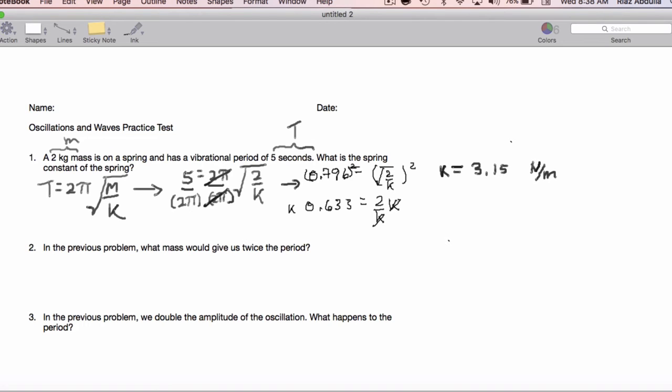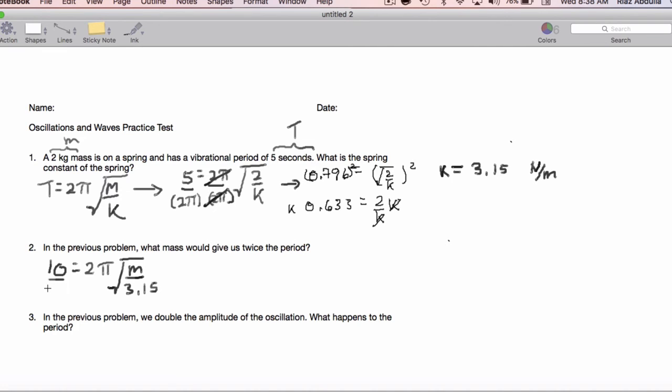Now in the previous problem we asked what mass would give us twice the period. So let's be really clear. We're going to say that now we have a period of 10 seconds. So that 10 seconds is going to equal 2 pi square root of m over k, where our mass is unknown and k equals 3.15 or 3.2.